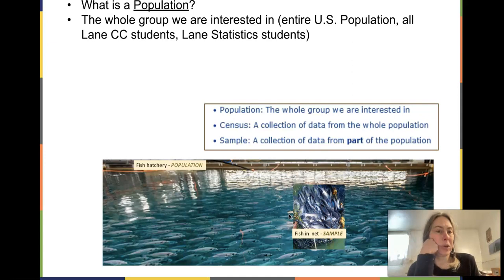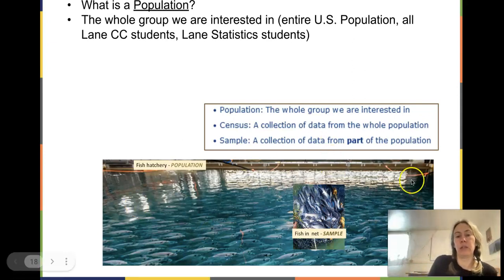So what is the difference between a population and a sample? I think this picture does a really good job. I mean, if you did sample by scooping out a net full of fish, I don't know if that's the right sampling technique, but that would be a possible way to sample these fish.